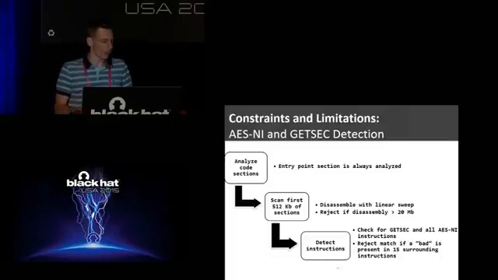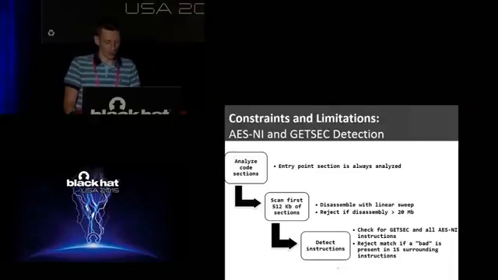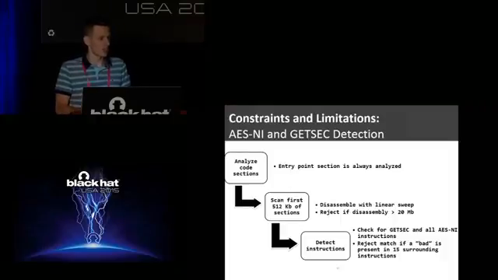And we were limiting the size of the section, so we were scanning only the first half of a kilobyte of the section, and we were doing a linear sweep disassembly, which was very fast. And we were just rejecting some candidates if there are some bad or non-recognized opcodes in their linear sweep disassembly.